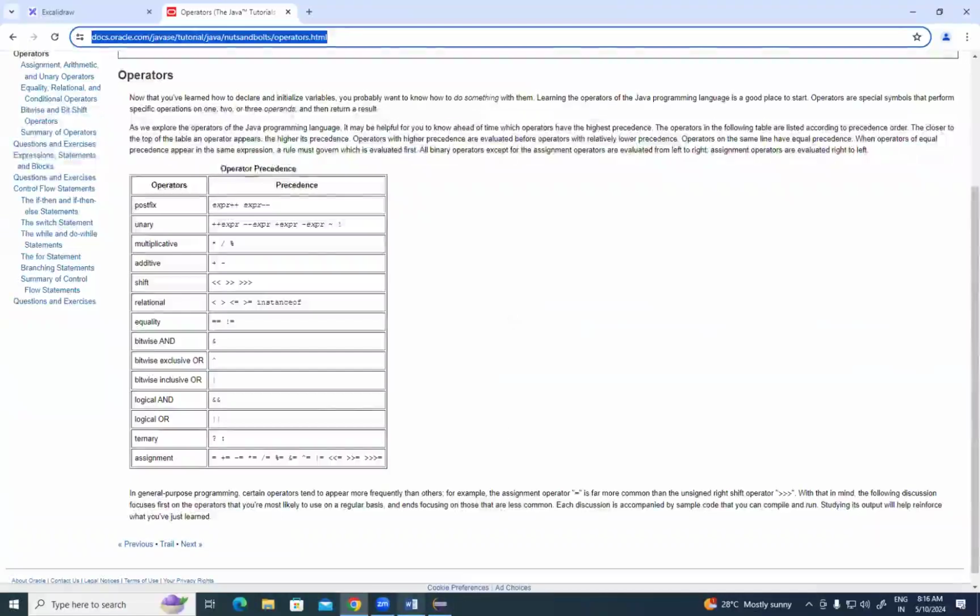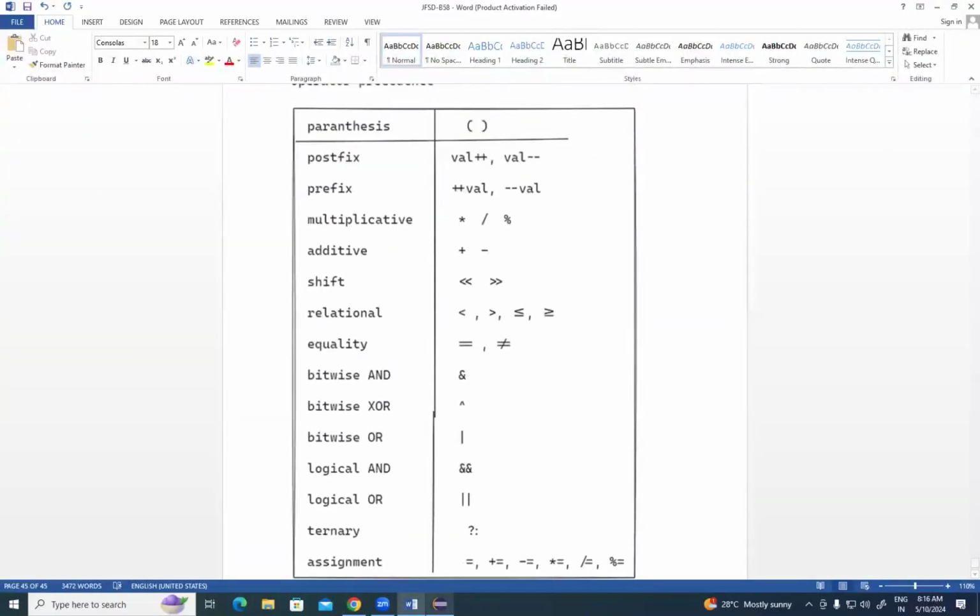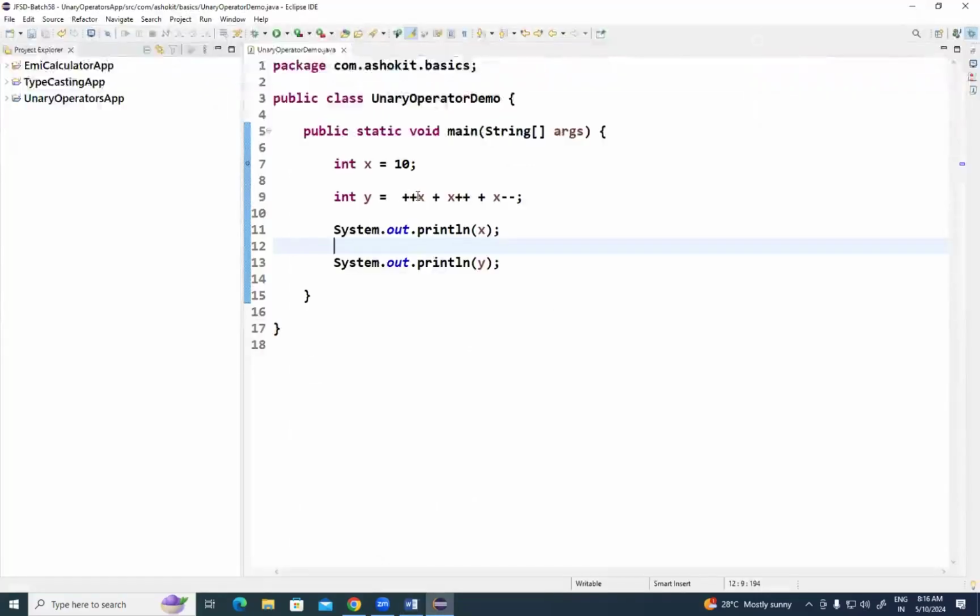But actually here, what is happening when I'm executing this? It's executing from left to right. 10 is the value now. First pre-increment means 11. X value here is 11. But X will increment now, 11 plus 1, 12.